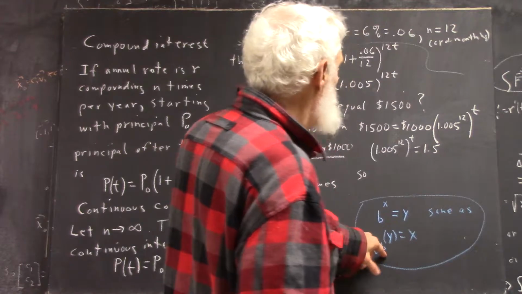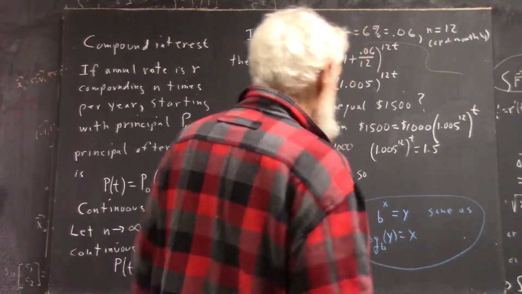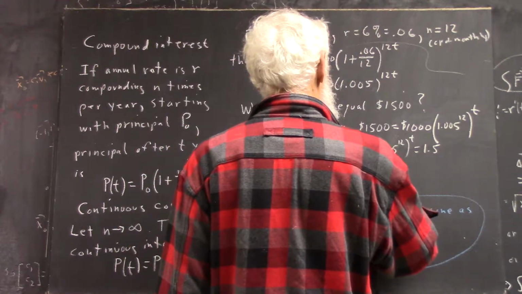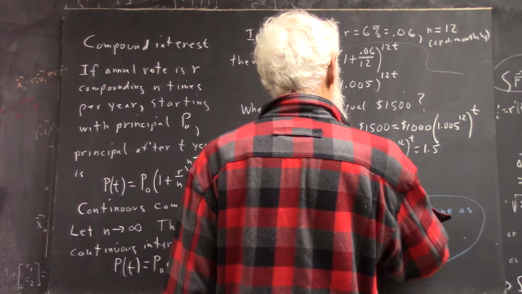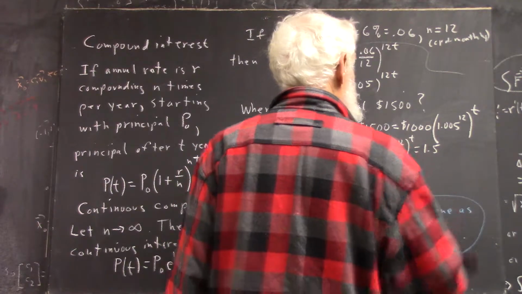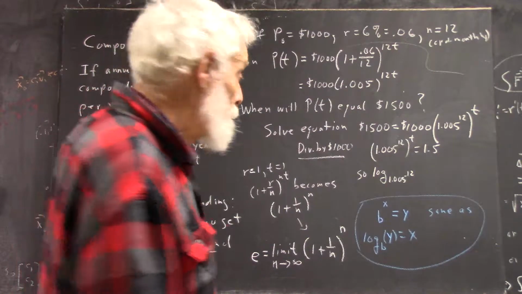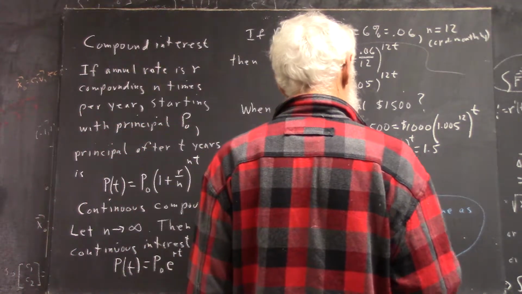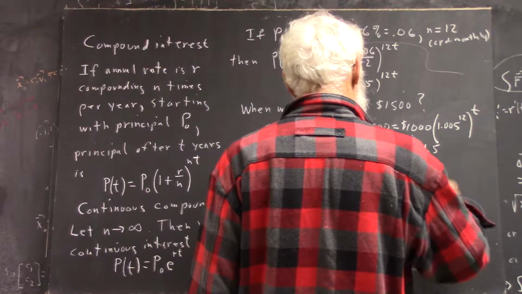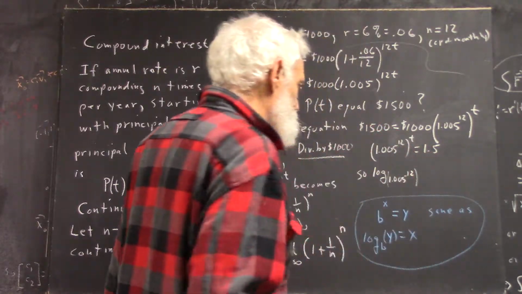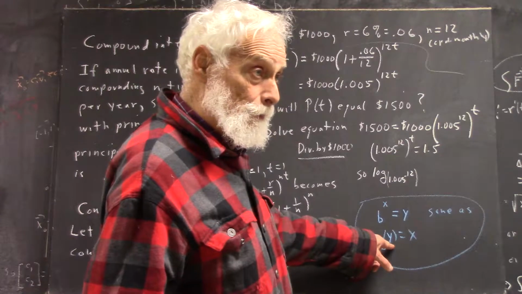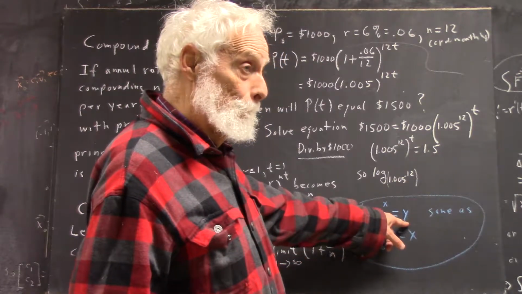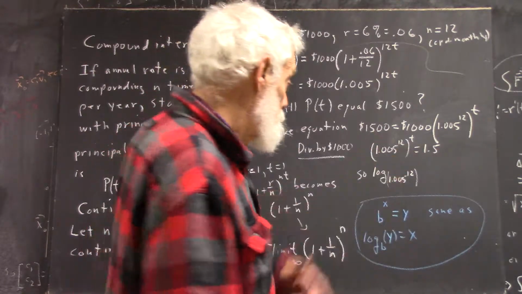It goes log base b, right? So we're going to get log base 1.005 to the 12th, whatever that is, okay? Equals of what? Got to be of y, right? Well, what's y? 1.5? Yeah.